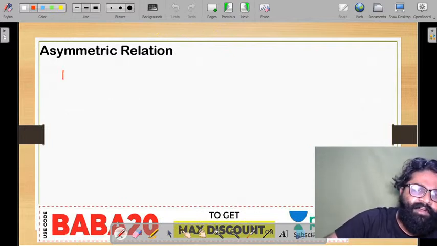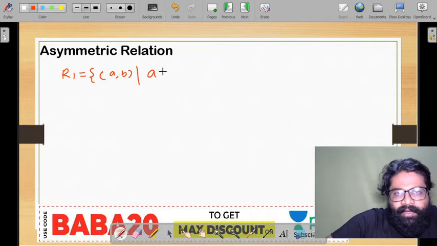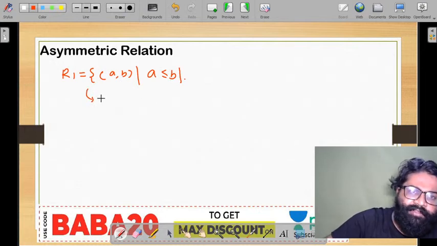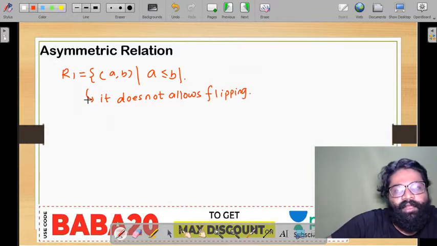Now let's try to understand with respect to an infinite set. Let's consider R1 such that we have a comma b, where a is less than or equal to b. Can I say that a is less than or equal to b does not allow the flipping? Yes, this will not allow flipping. But it will allow the same element, right?